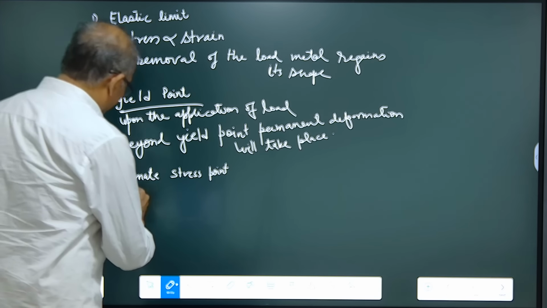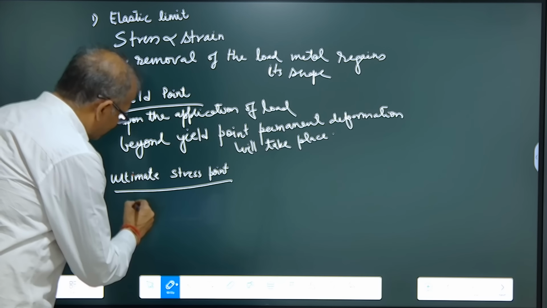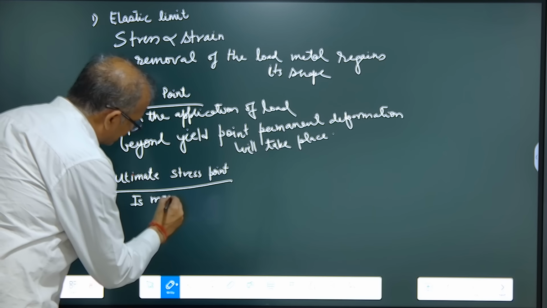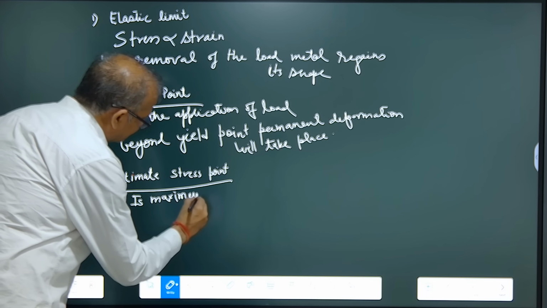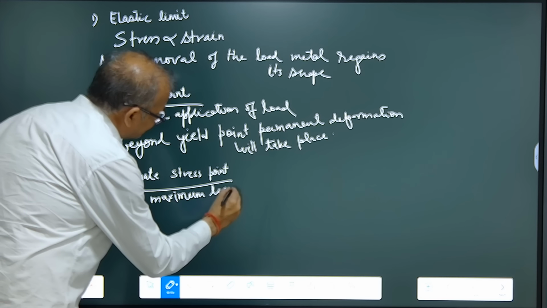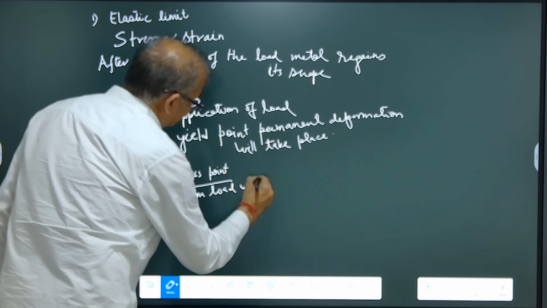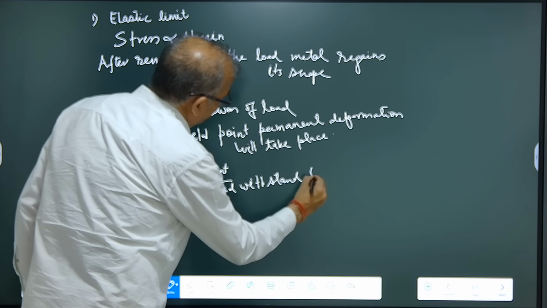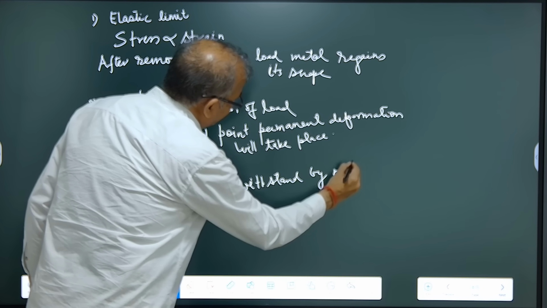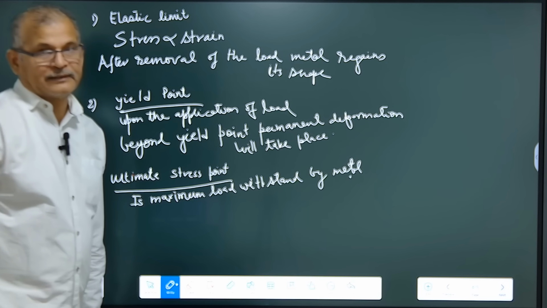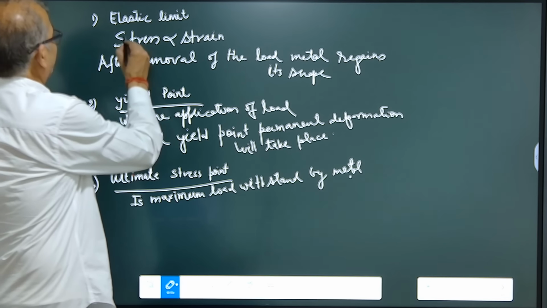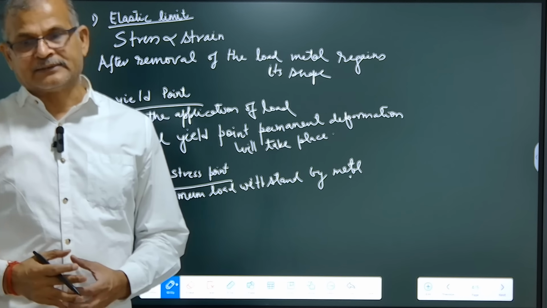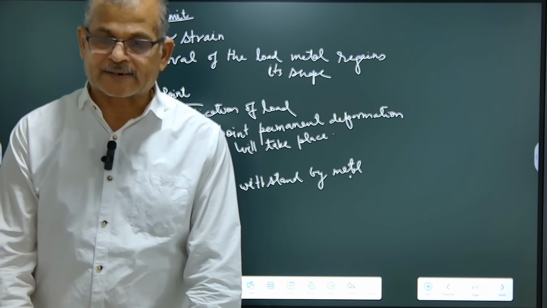The ultimate stress point is the maximum load withstood by the metal. In this, we studied the elastic limit. In the elastic limit, stress is proportional to strain.